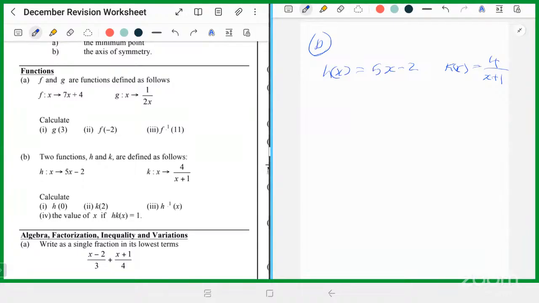First part wants h of 0. H of 0 means you plug in 0 in the h function right there. So part 1 is just h of 0. 0 coming in the h function there: 5 times 0 minus 2. 5 times 0 is 0, so you're left with minus 2.